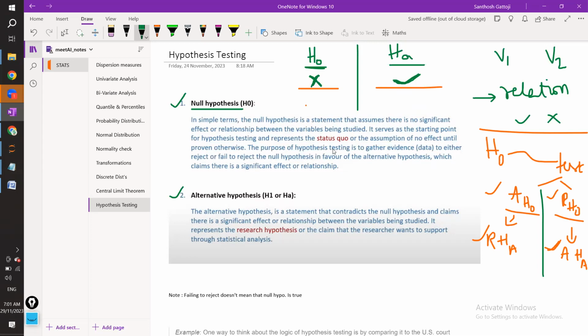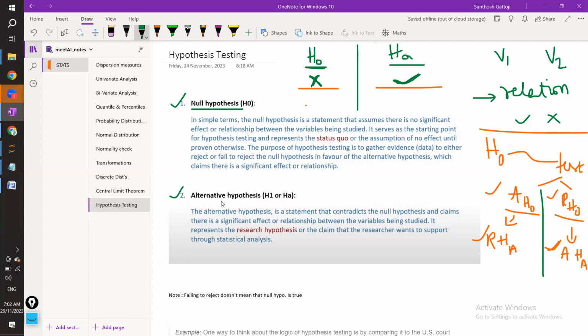The purpose of hypothesis testing is to gather evidence to either reject or fail to reject the null hypothesis in favor of the alternate hypothesis, which claims there is a significant effect or relationship. So what is the purpose of hypothesis testing? We will gather evidence to either reject the null hypothesis or fail to reject the null hypothesis.